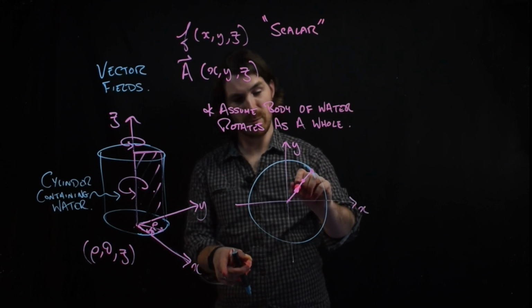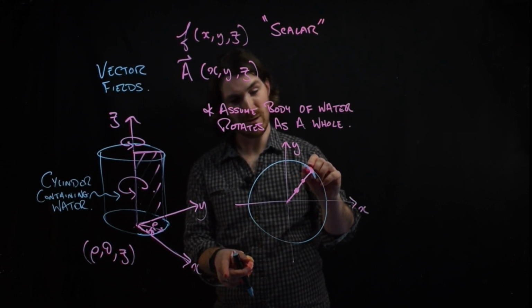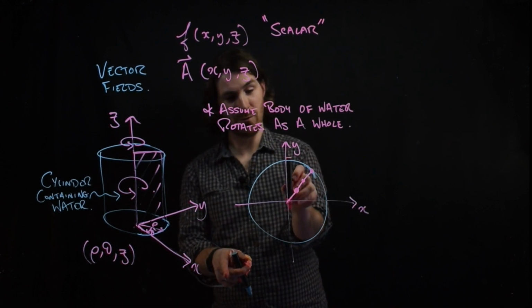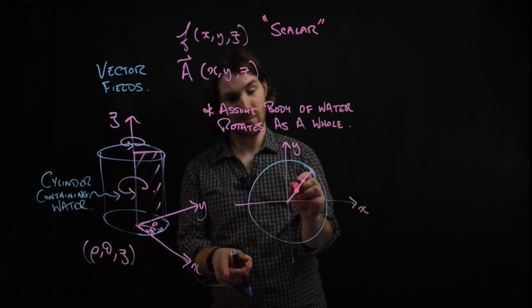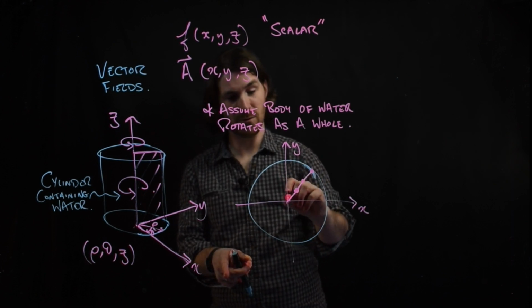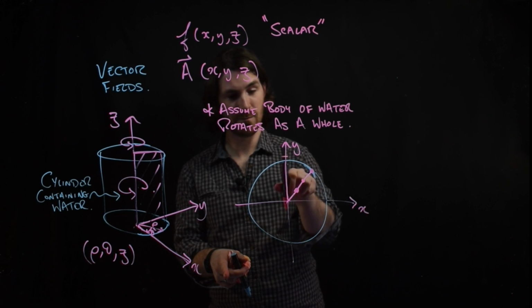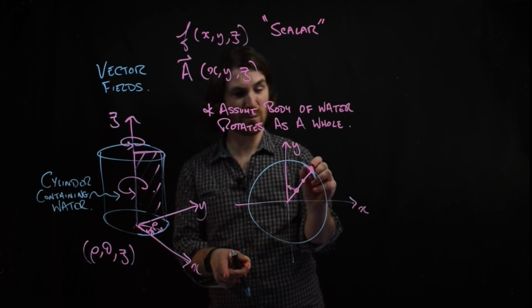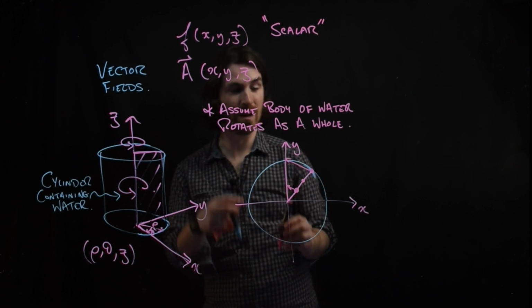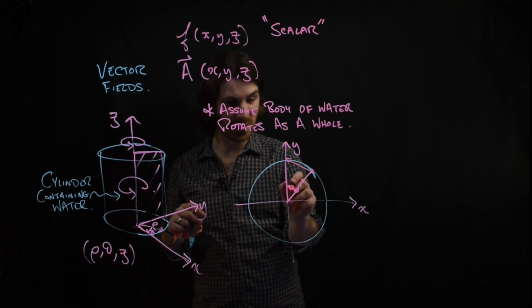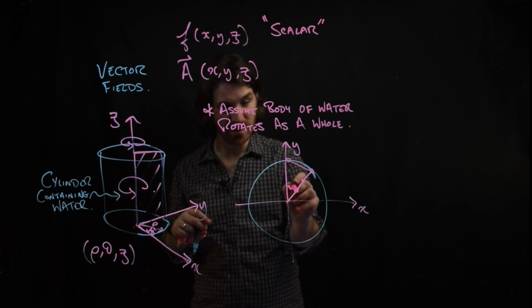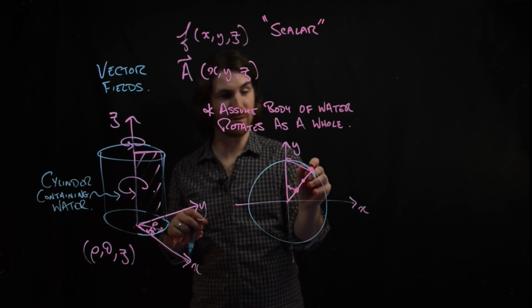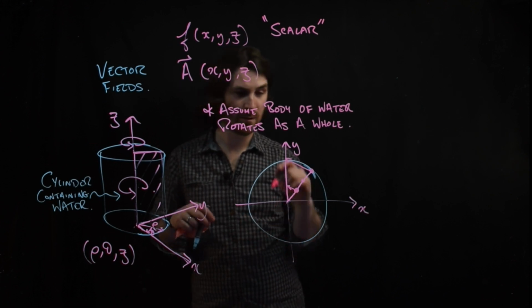So this point and this point move, say I move from here to here, then this point moves this much, and this point moves this much. But it does so in the same time. So the actual velocity of this point must be smaller than the velocity at this point.